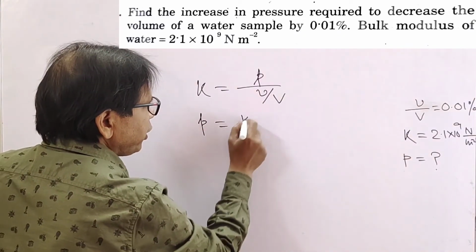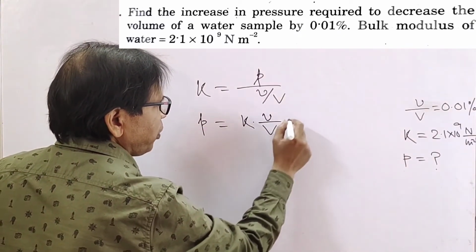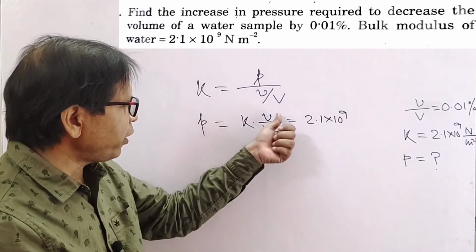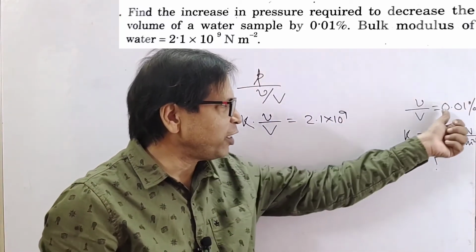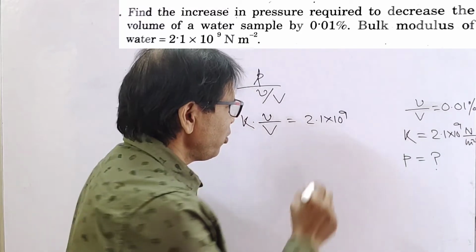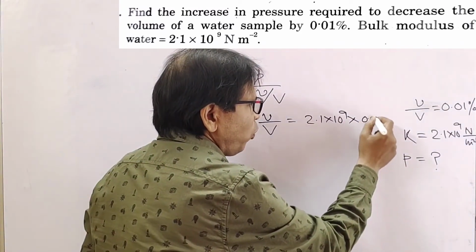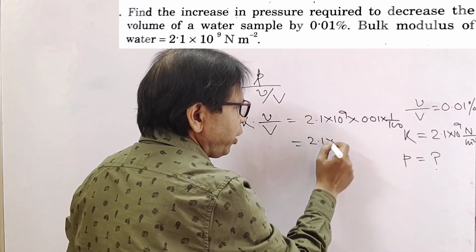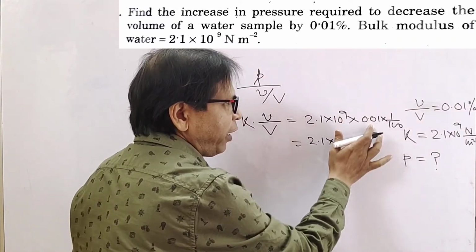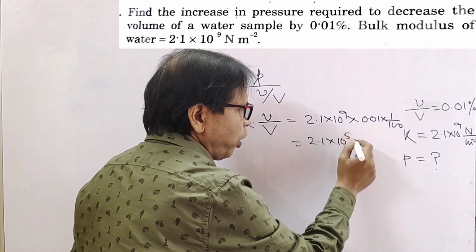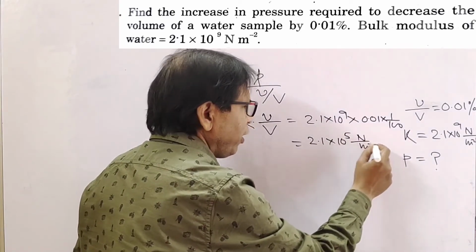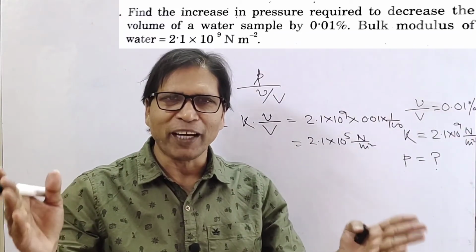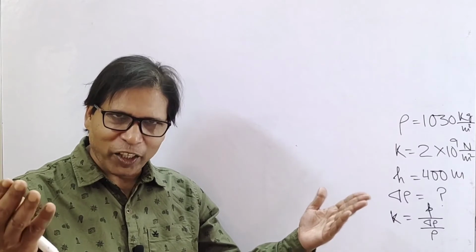So P equals K into small v by capital V. Now K is 2.1 into 10 to the power 9 and small v by capital V is 0.01%, and percent means 1 by 100. So this is 2.1 into 10 to the power 9 into 1 by 100 into 1 by 100, so this is 2.1 into 10 to the power 5 Newton per meter square, the increase of pressure to change the volume by 0.01%. Okay?